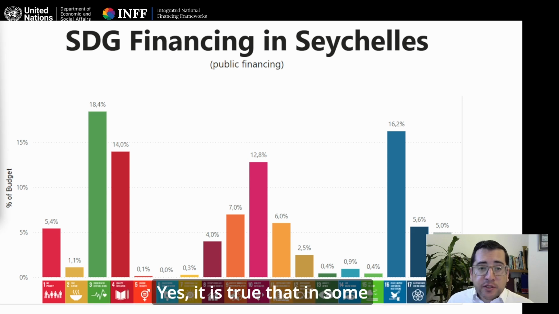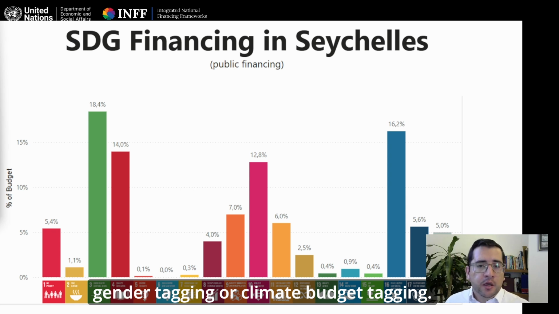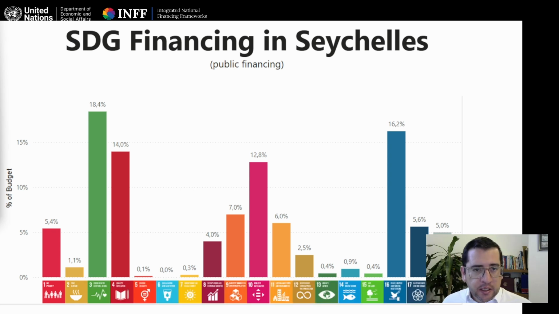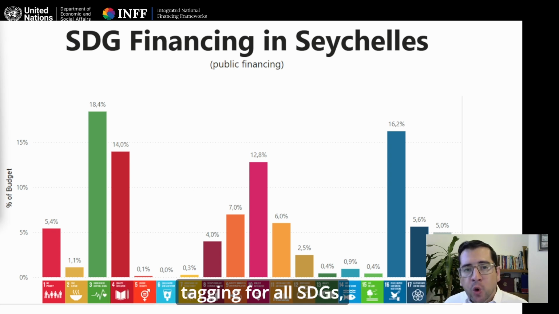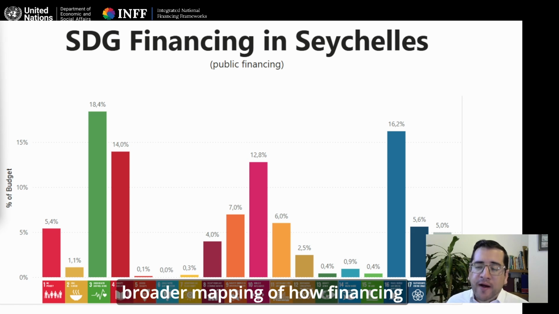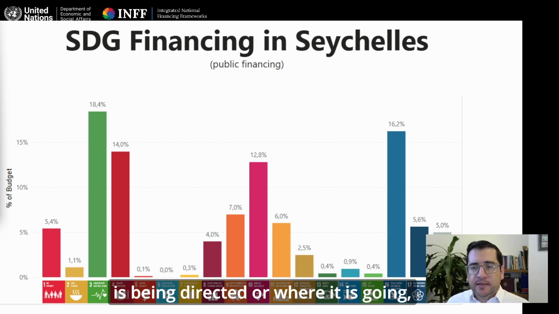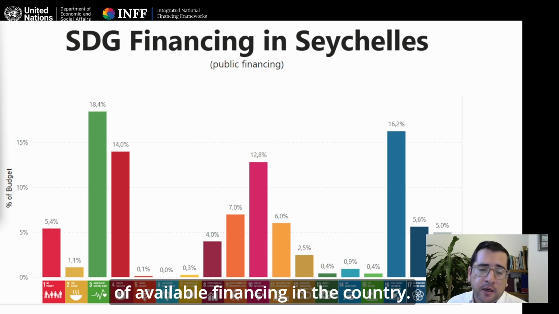Yes, it is true that in some countries there has been a focus on doing gender tagging or climate budget tagging. However, when we are able to compile tagging for all SDGs, it's relatively easy to see how that contributes to having a much broader mapping of how financing is being directed, or where it is going, the direction of available financing in the country.